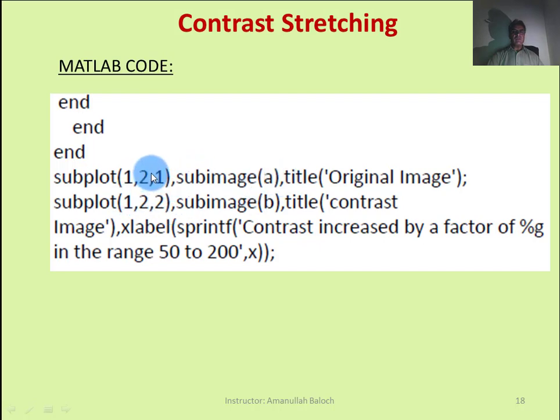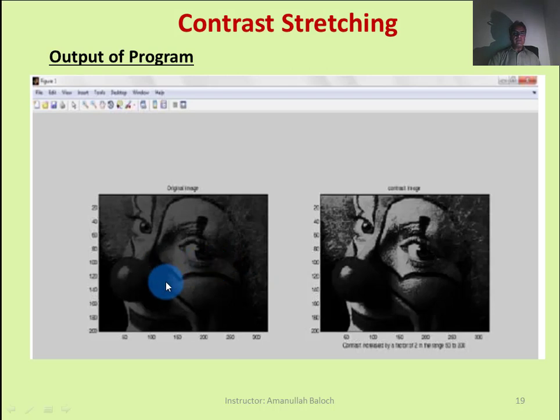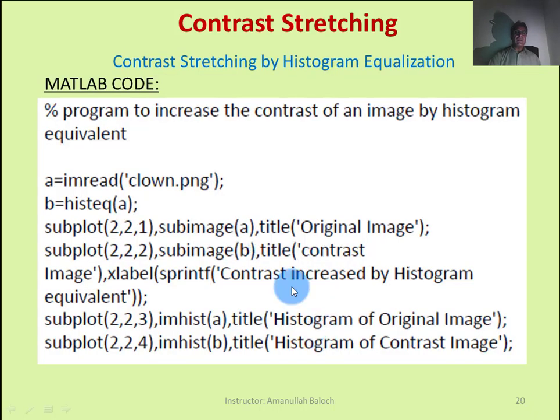Here, at the first location is the original image, and at the second location the contrast image. And you may see it here, the clone original image, and this is the enhanced image. These are the results of our previous program example.